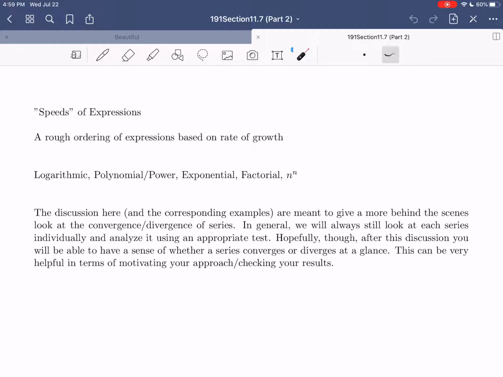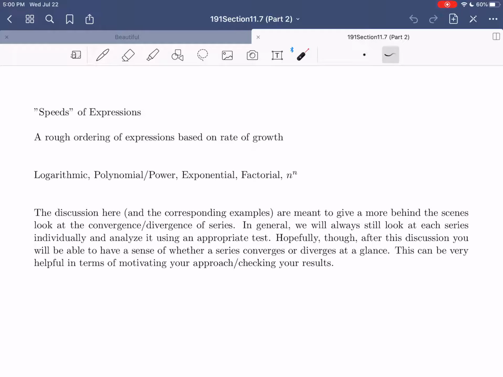We've already hinted at how the convergence and divergence of a series is based on how quickly the terms descend to zero. But in general, when you're still solving questions, like when you're working on something on a quiz or an exam, you still want to always analyze it using an appropriate test. We're not introducing this as a way of saying, oh, we don't need to use the tests that we've learned.